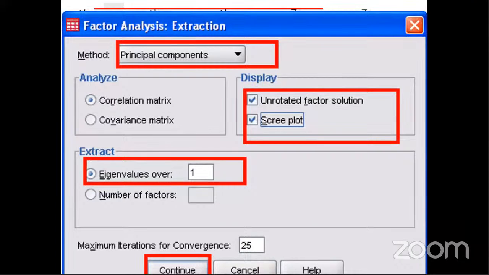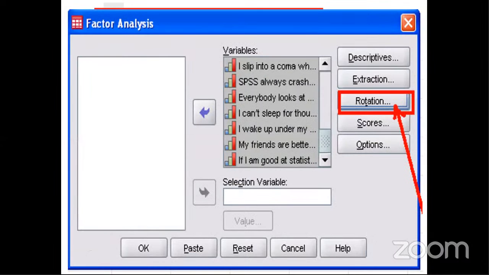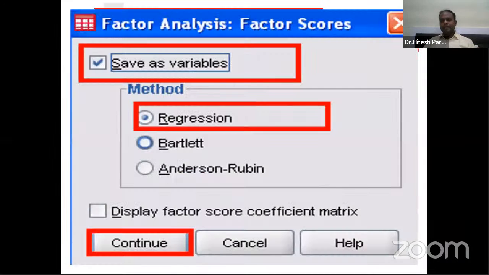Otherwise, everybody will have 4 factors. You may observe some slight deviations in the factor loadings, otherwise the number of factors will remain 4.